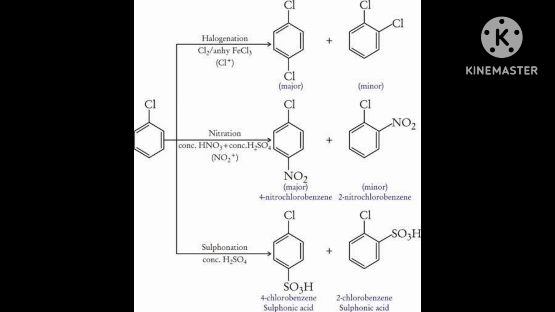Chlorobenzene can be converted into phenol by heating in aqueous sodium hydroxide solution at a high temperature of 623 Kelvin and a pressure of 300 atmospheres. Two conditions are there: high temperature and high pressure.